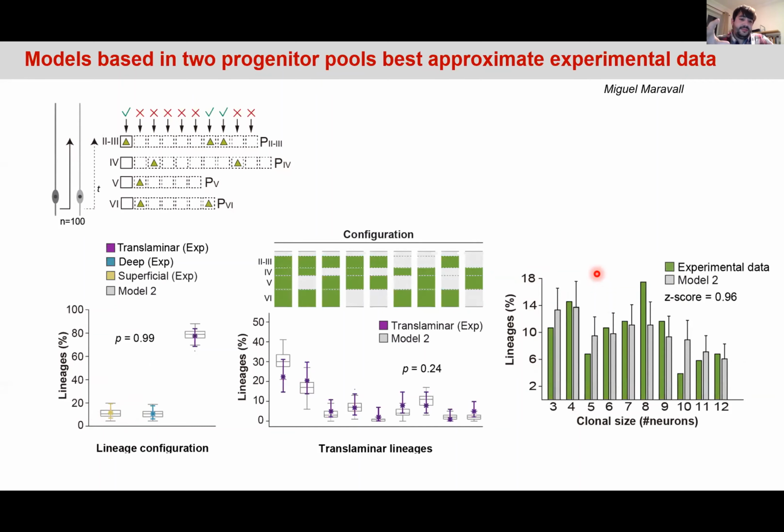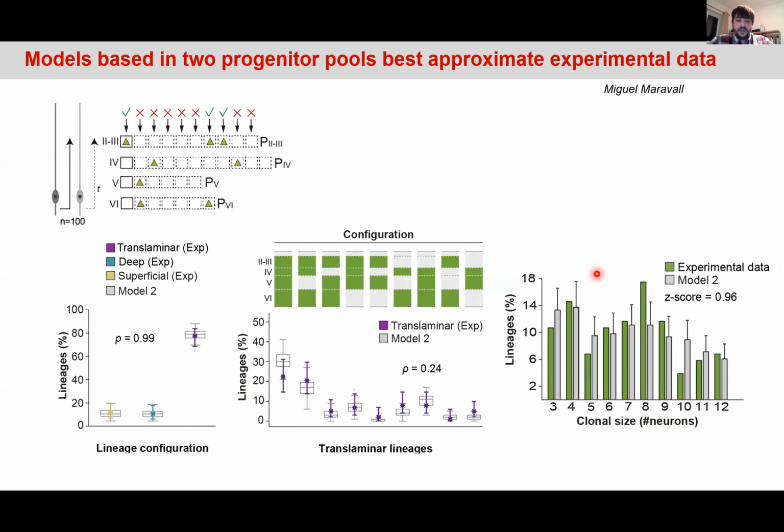So this seems to indicate that the majority of the diversity observed in our experiments can be reproduced with models including a single progenitor population, and the few points that seem not to be satisfied by that can be satisfied by introducing a second progenitor population that is biased but not restricted to produce superficial layer identities.